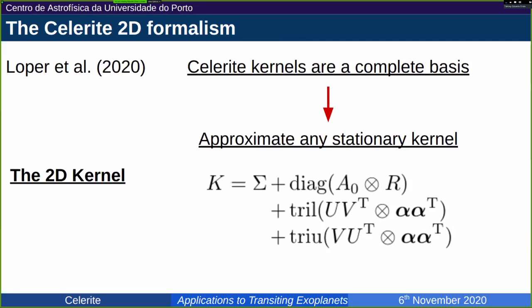Similar to the matricial decomposition that was performed before, the 2D problem kernel can be written in terms of diagonal, upper and lower triangular matrices using the triu and tril operators. The second dimension covariance term is accounted for by the diagonal matrix R, represented there in the 2D kernel, and its decomposition in terms of the vector alpha product with its transpose, so alpha and alpha transpose.